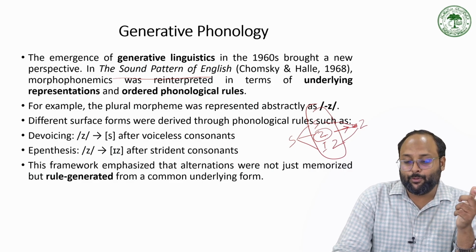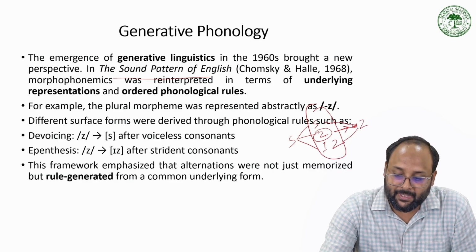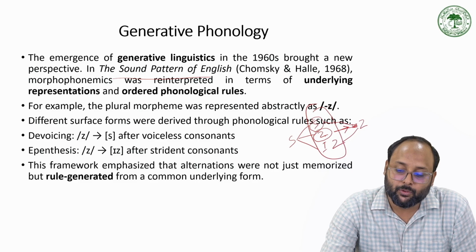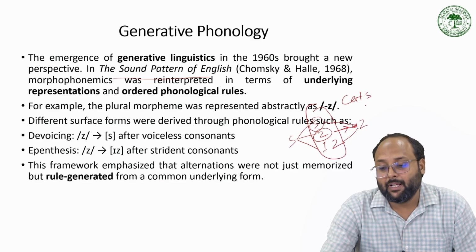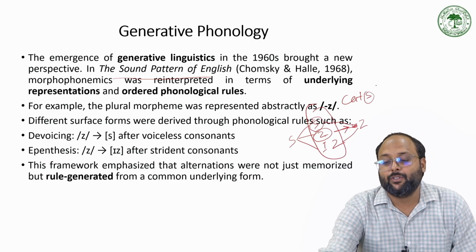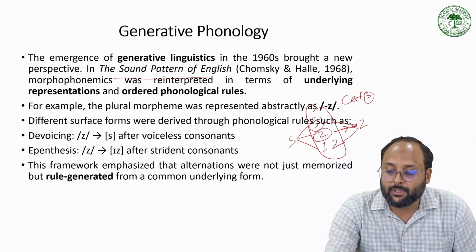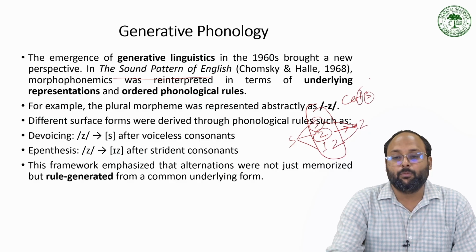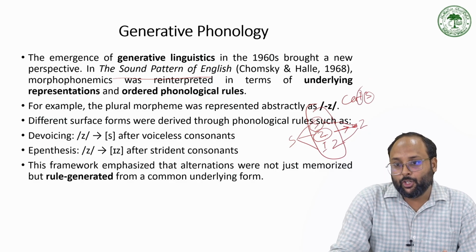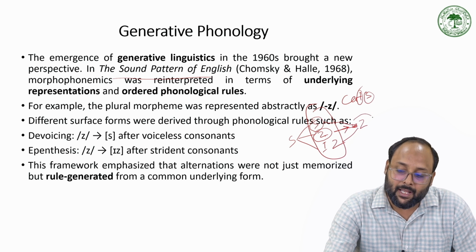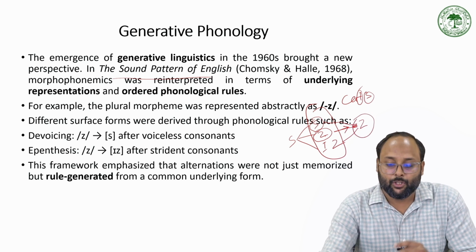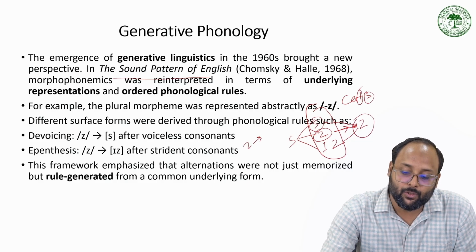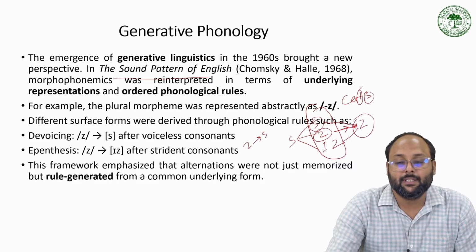So for example, if you have the sa sound, in certain conditions like in cats, the plural marker occurs as sa. This occurrence of sa is due to the voiceless consonant, because the ta is voiceless and this underlying za is voiced, so it changes into the voiceless sa.